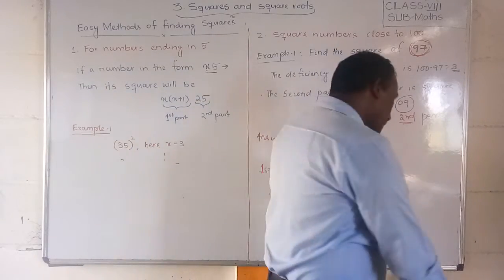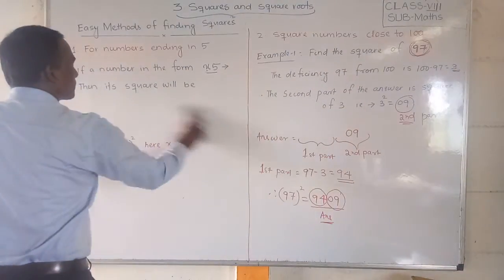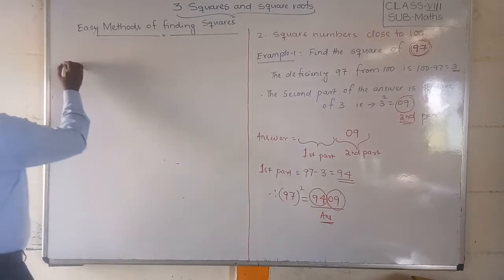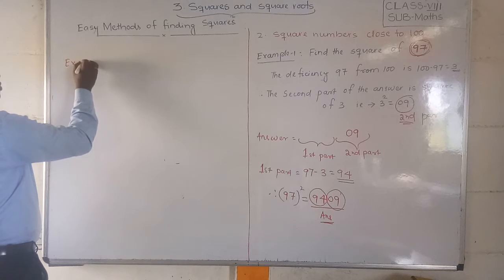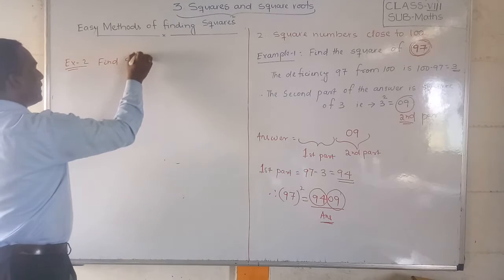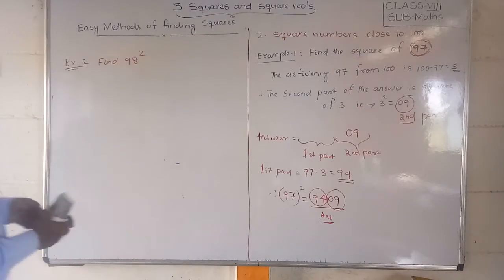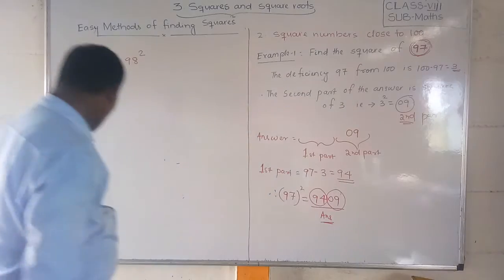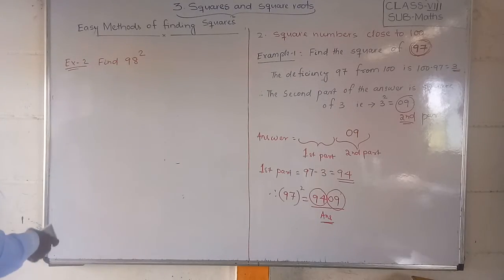Okay, one more example, students. Example 2: 98 square. How much is that? What you have to find out is 98 square.